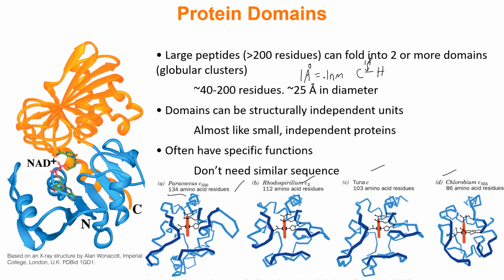And they range from 134 amino acids to 86 amino acids. However, if you look at them, they pretty much all look the same and they all do the same reaction. So that's what I was talking about earlier. Structure defines function. I don't really care what amino acids you're made out of. I care what you look like, because what you look like will dictate what you do.